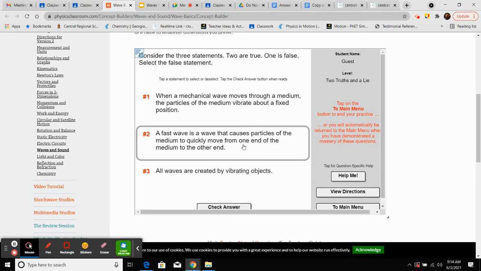Think about a straight line path of dominoes from myself to you, right? And I tip over the first particle as I make a sound. That first domino is not going to be the one that reaches your ear, right? So that's kind of what this is saying. They're saying, oh, well, these particles go from one end to the other. No.